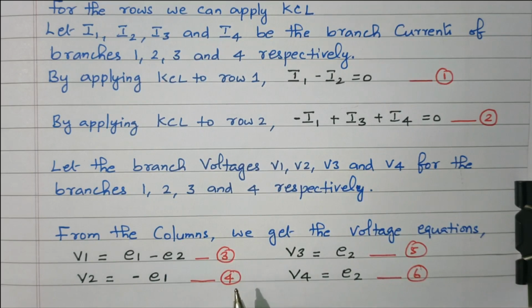These 4 voltage equations are numbered equations 3, 4, 5, 6. Current equations are 1 and 2, others are 3, 4, 5, 6. Using these 6 equations, we can find the branch voltage and branch current.